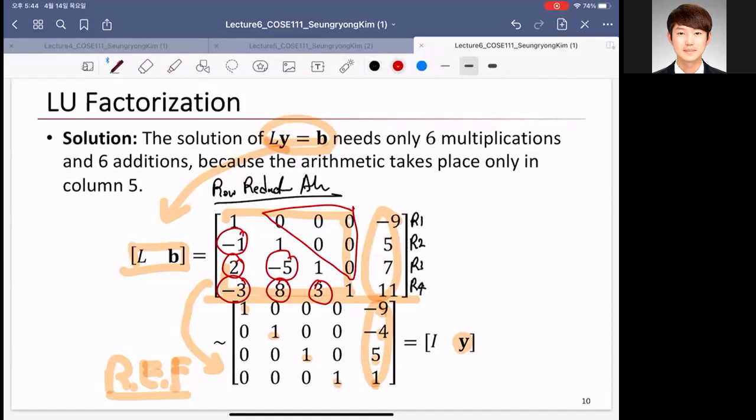First, we want to eliminate these three terms as zero. How can I do that? New R2 is going to be the previous R2 plus R1, R3 is going to be R3 minus 2R1, and R4 is going to be R4 plus 3R1.